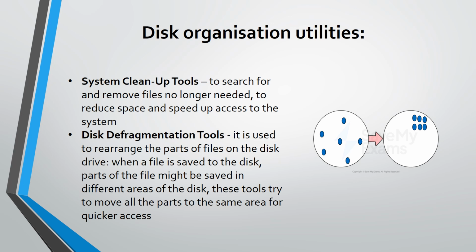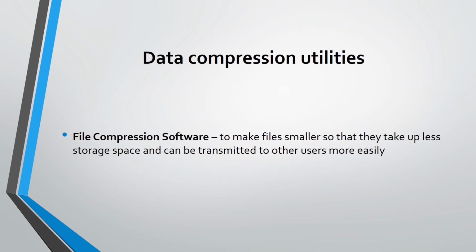When a file is saved to the disk, parts of the file might be saved in different areas of the disk. These tools try to move all the parts to the same area for quicker access. As you can see, the files can be arranged in different areas, but they will be arranged according to disk defragmentation for quicker access like this.